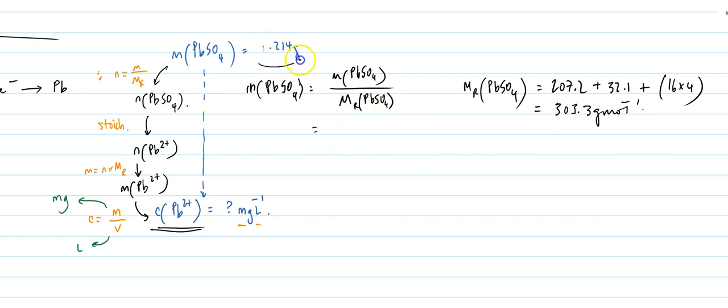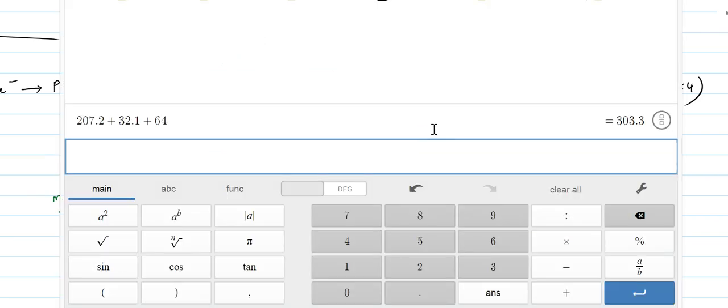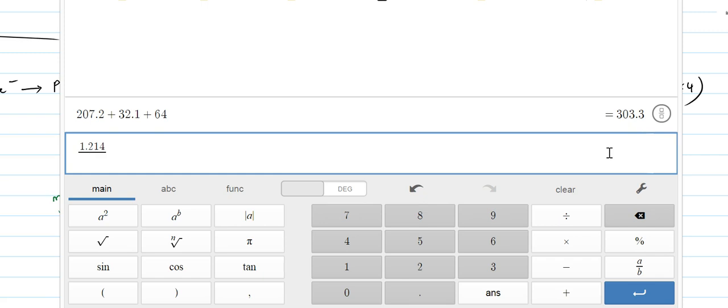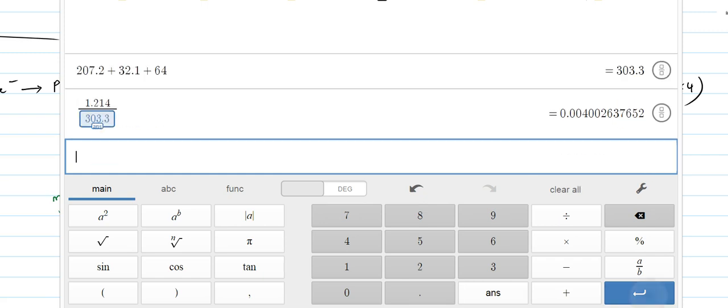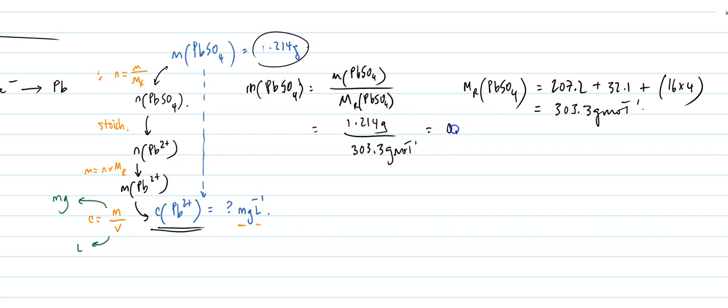We've got the mass up here, 1.214 grams divided by 303.3 grams per mole equals 1.214 divided by answer, 0.004 moles.